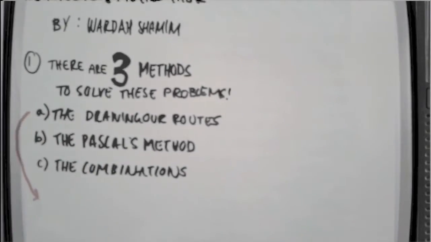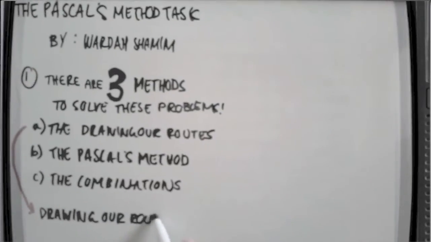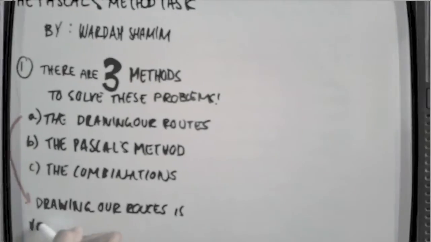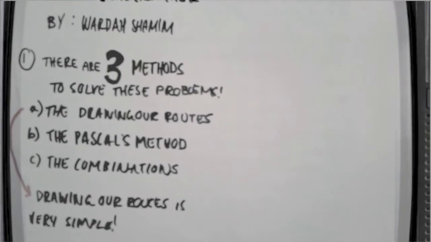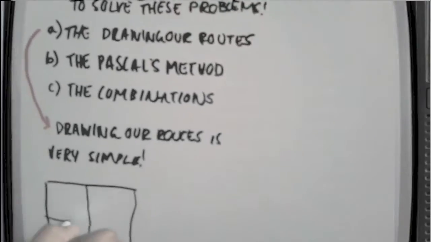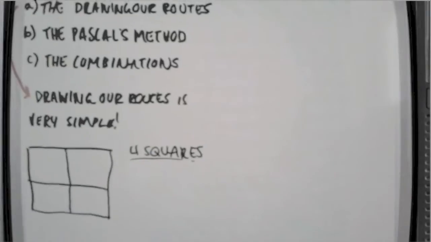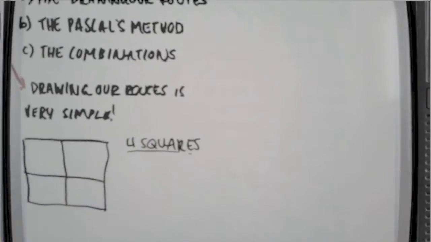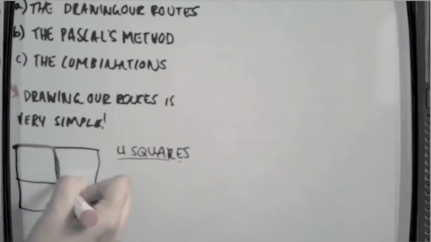Now to begin, drawing our roots is simply drawing a diagram to find out exactly which ways we will get the total possibilities. So it's very simple, and basically we just draw out whatever diagram we have. Here we have a 4-square diagram, and to get from point A to point B, we draw each method of getting from that point to that point.